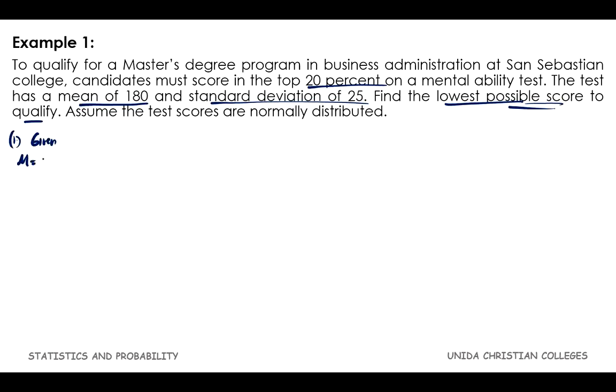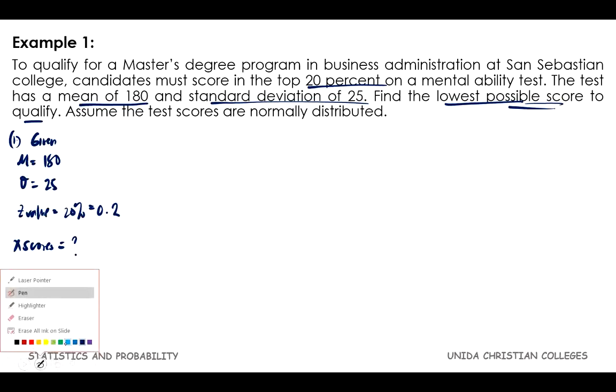Our average is 180, standard deviation is 25, and our z-value is 20%, which in decimal form is 0.2. What we are looking for is the x-score: the lowest possible score we can get to make it into the top 20% on the mental ability test for the master's degree program in business administration. That is the first step: list down our givens.